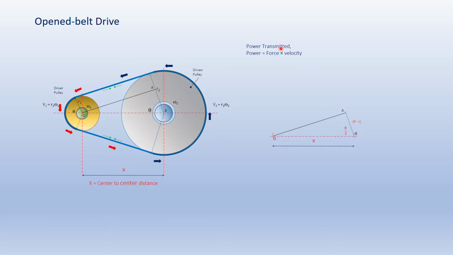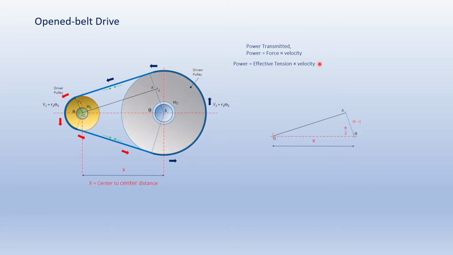We know that power is defined as the product of force and velocity. The force we can refer to as effective tension. What is effective tension? That is the difference between the tension on the tight side and the tension on the slack side. So effective tension is T1 minus T2.